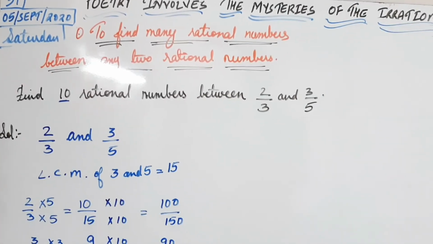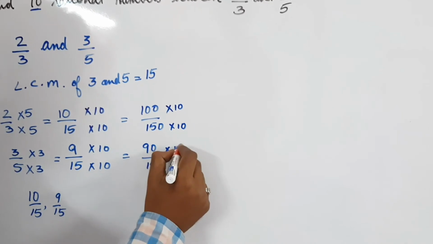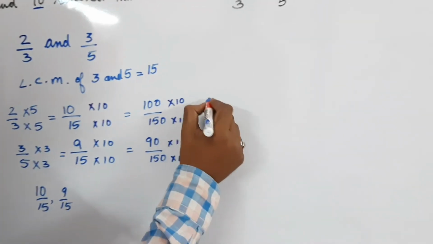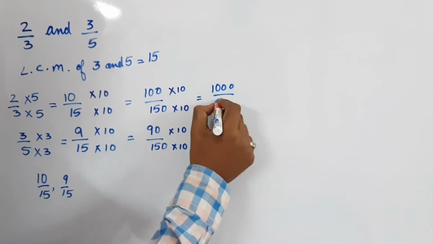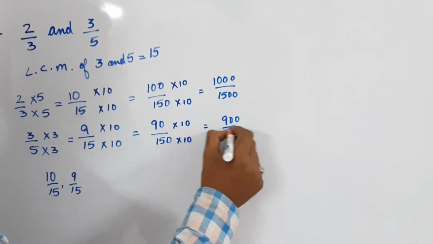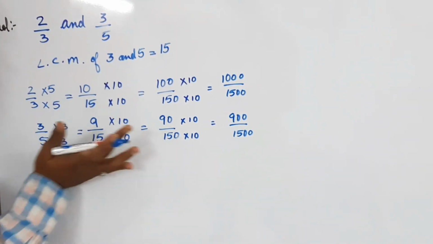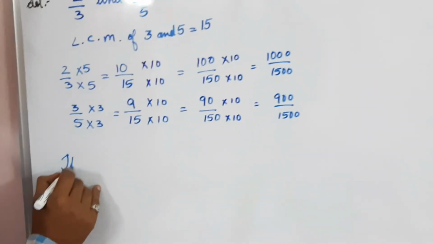You didn't get them. Again you multiply by 10 to both the numerators and the denominators. 1000 by 1500. 900 by 1500. So which are the 10 rational numbers?